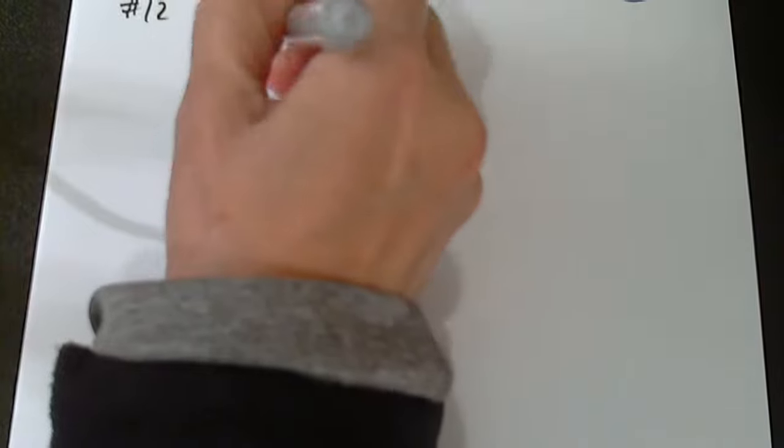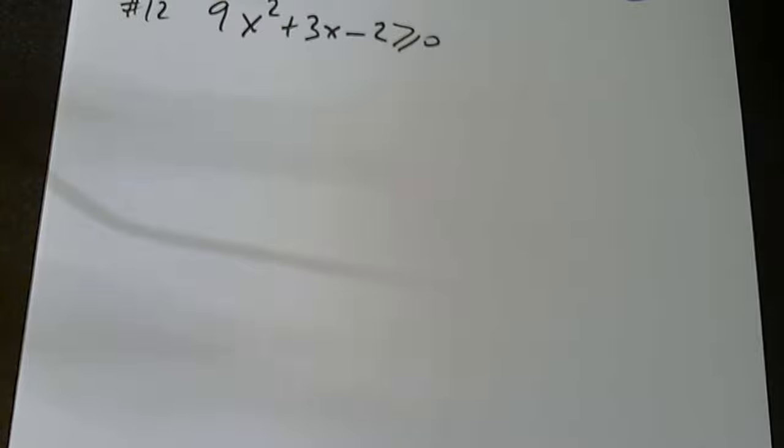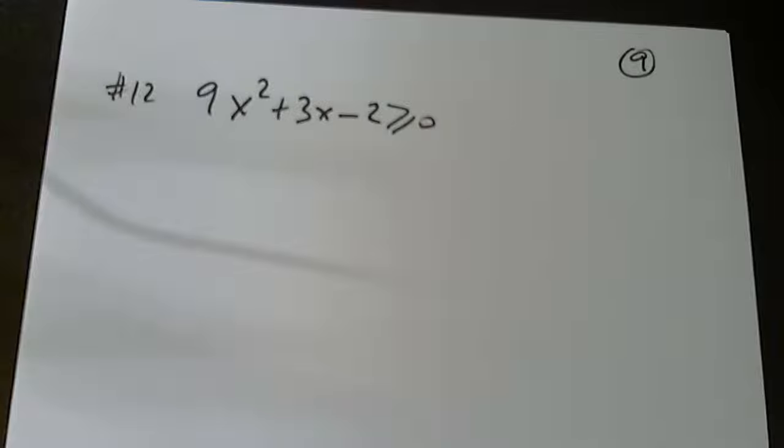So 9x squared plus 3x minus 2 greater than or equal to 0. The first thing I do, I see if the polynomial is factorable. I go to apps, I go to 9, polynomial root finder, degree 2, and 9, and then 3, and then negative 2.